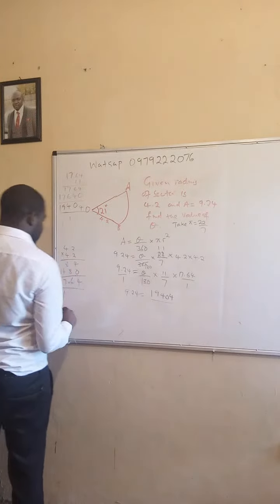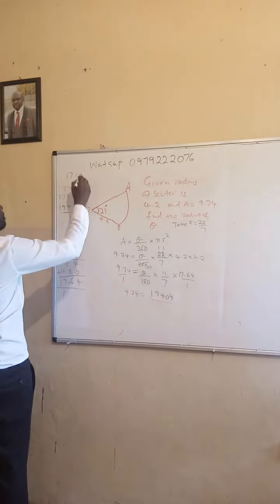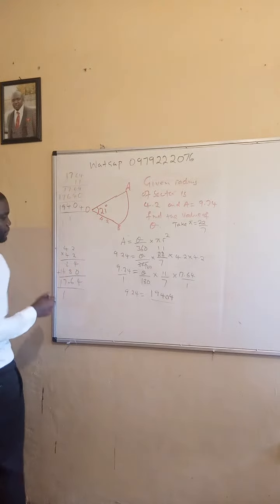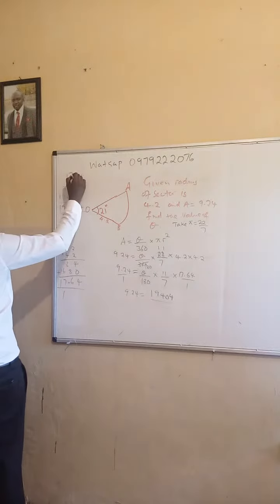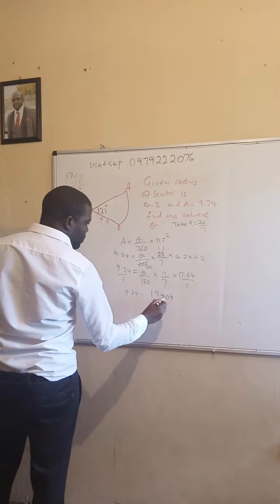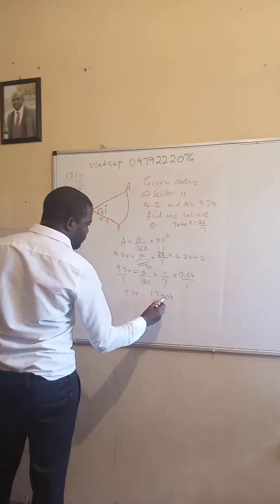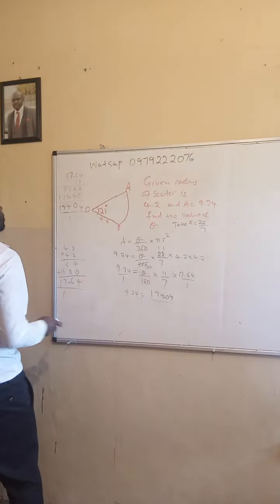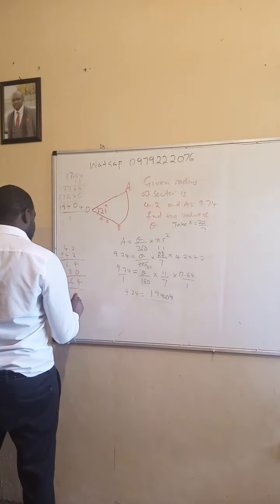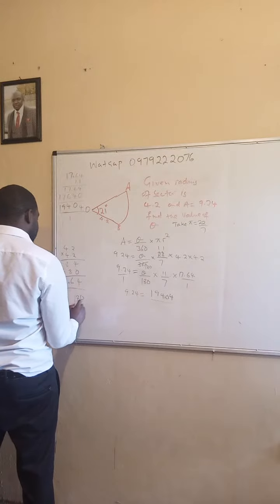180 times 7. We correct here first. This is 4, this is 6. Point here. Okay. 180 times 7.